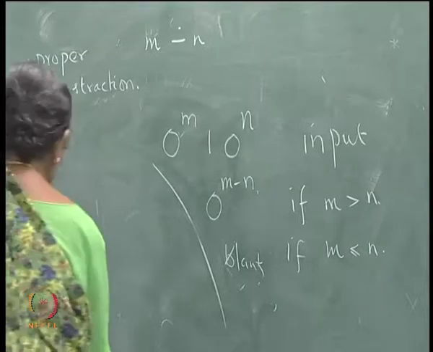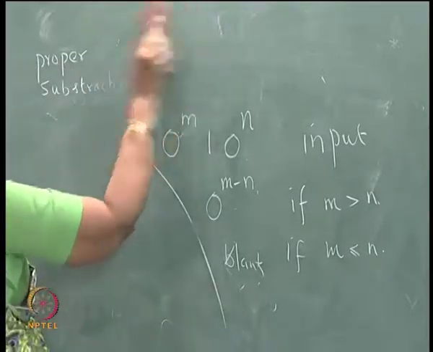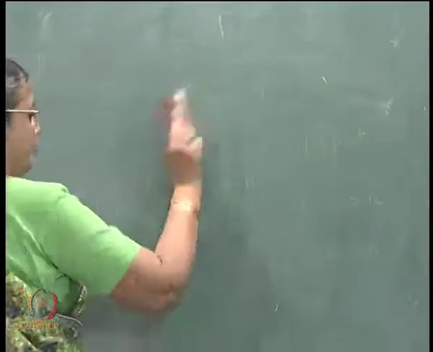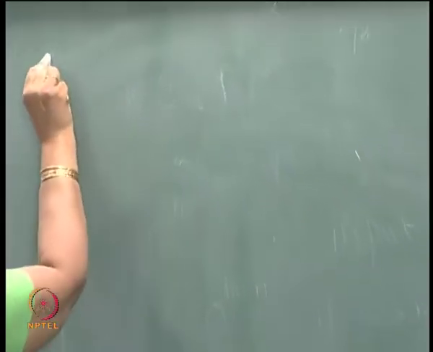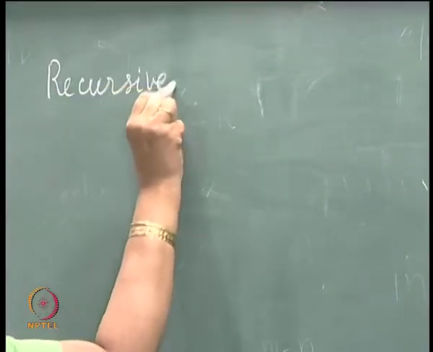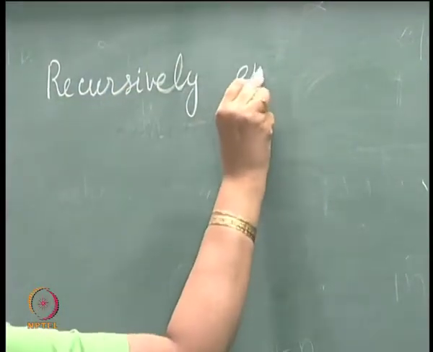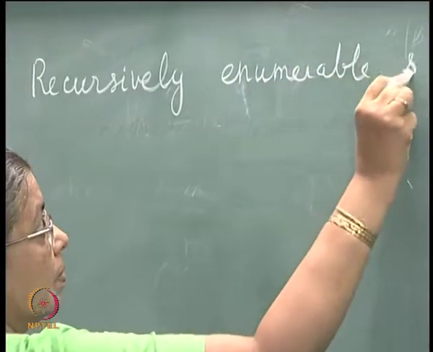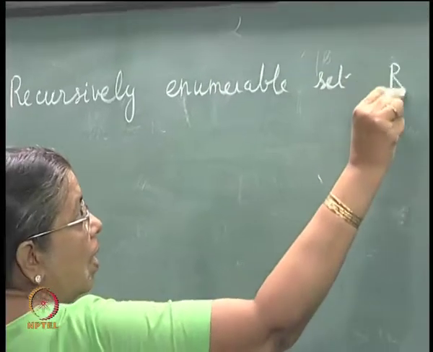Now the language accepted by a Turing machine is called a recursively enumerable set, or RE.